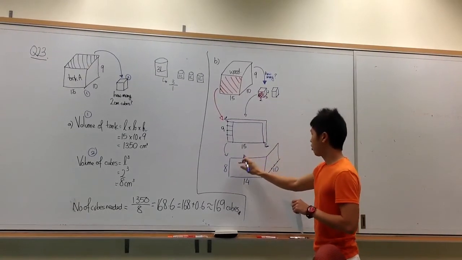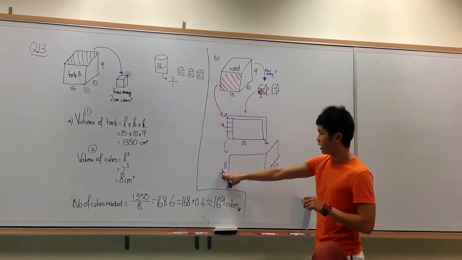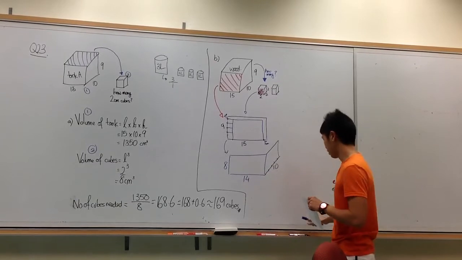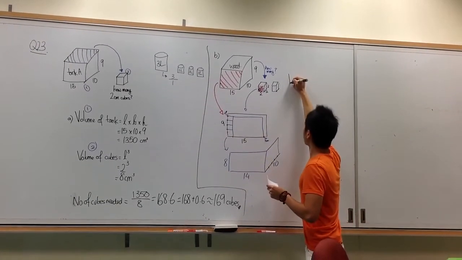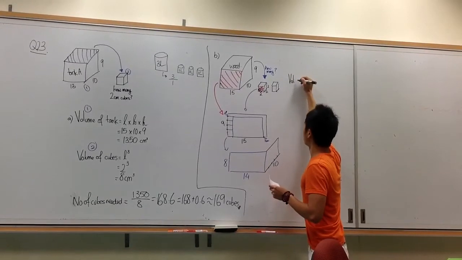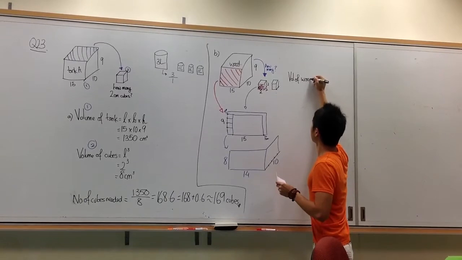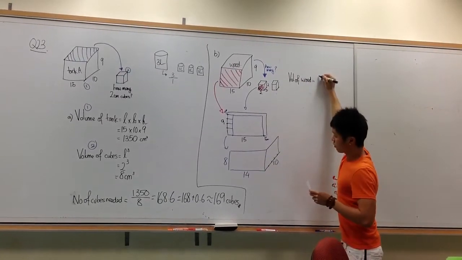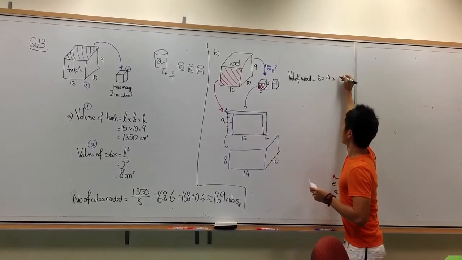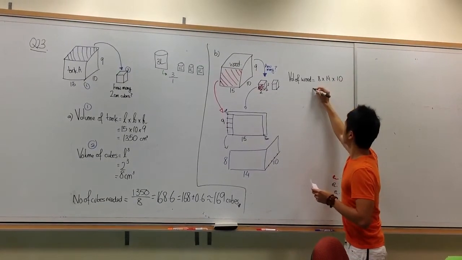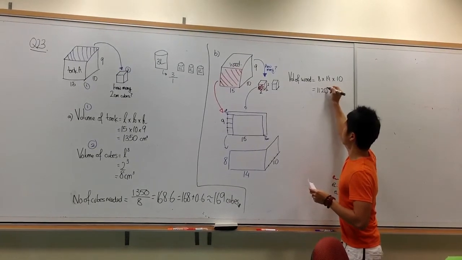So your block of wood essentially becomes a wood measuring 8 by 14 by 10. If you do the same working as your part A, you find the volume of your wood. 8 times 14 times 10 will give you 1120 cubic centimeter.